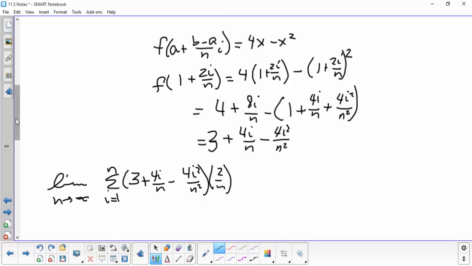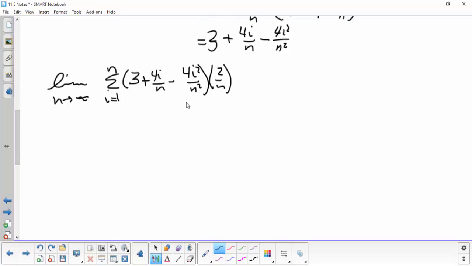Because 2 over n is a constant, we can factor that to the front of the sigma notation, and then we can also give each of these terms in the trinomial their own sigma notation. So it's good practice to continue writing the limit as n approaches infinity, because we have not yet taken the limit.